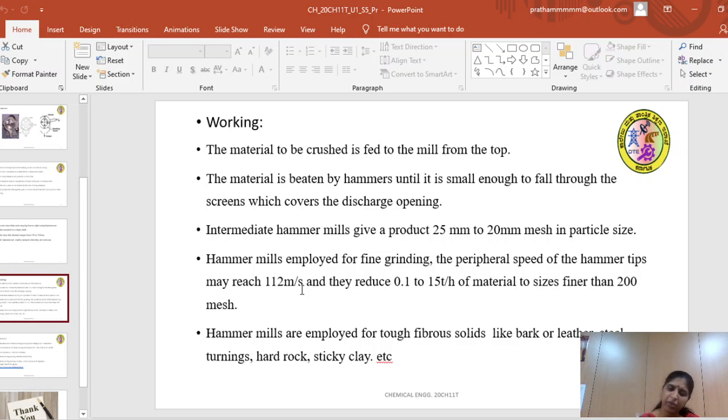You will get a very fine particle. It is very fine mesh size, we can say, when we compare with the 20 mesh size or 18 mesh size screen.